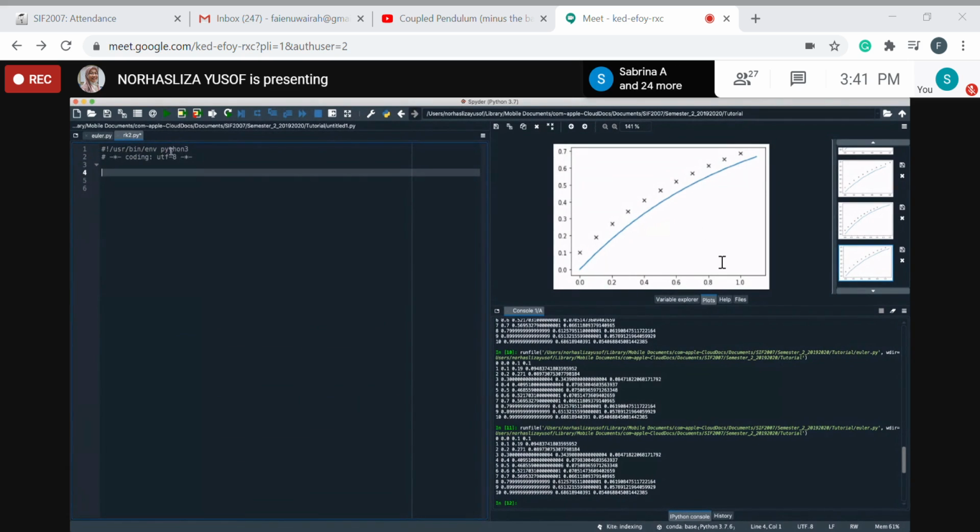Okay, it depends on your computer system. If you still remember, I use a lot of terminal, right? So when you use terminal, you have to install everything manually, and then you have to make sure that your code or your software goes to the proper path.